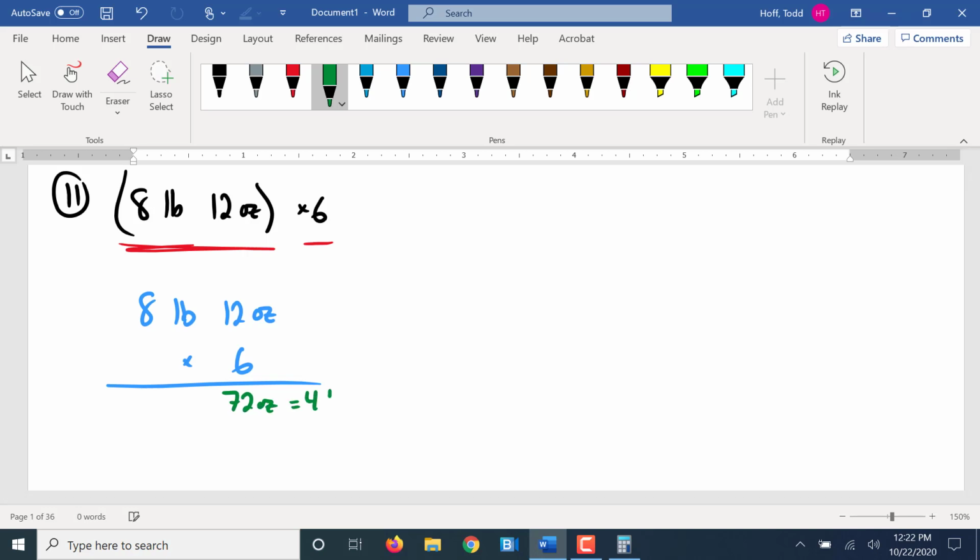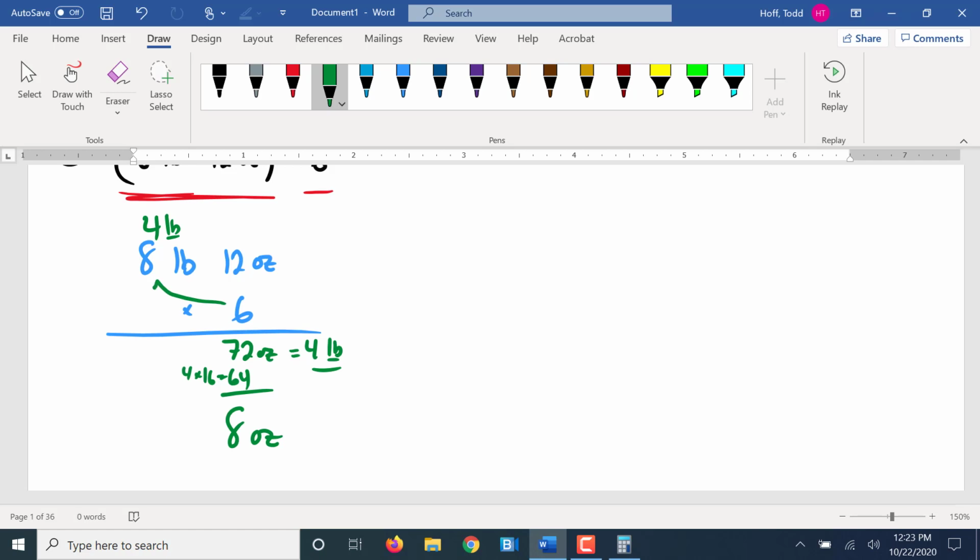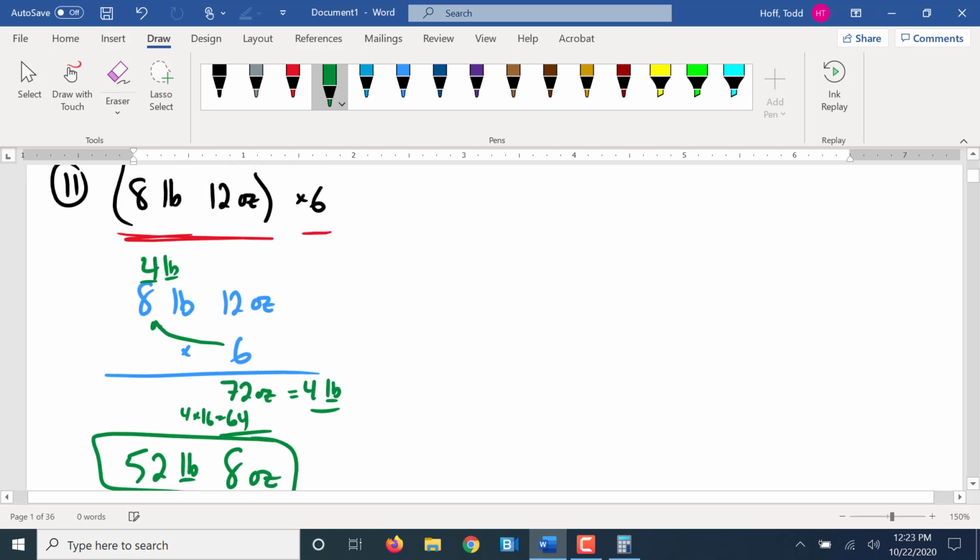In fact, we can get 4 pounds out of there. 4 pounds, 4 times 16 is 64 ounces. So 72 minus 64 would be 8 ounces. Carry the 4 pounds. 6 times 8 is 48, plus the 4 pounds is 52 pounds. So 52 pounds, 8 ounces.